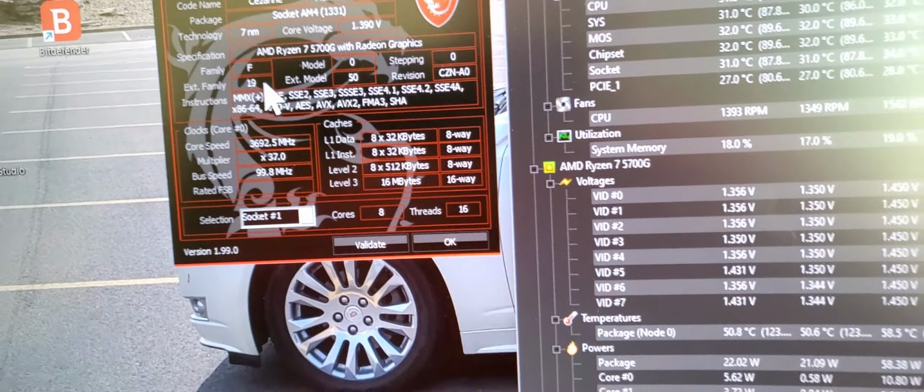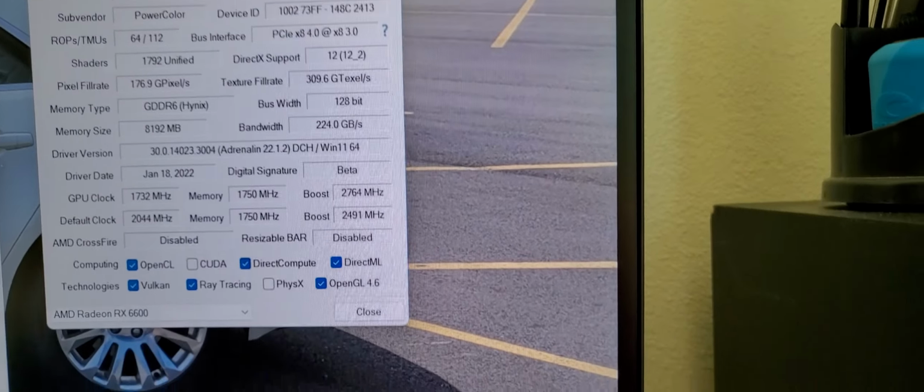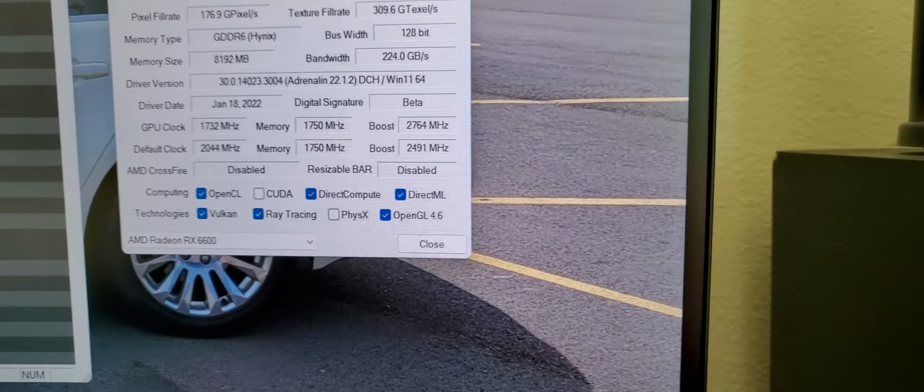Over here we got the actual information of the graphics card. Let's see what we got. Here's the name of it, and then the technology of it. You can see what I'm actually running. See the memory size and the bandwidth.